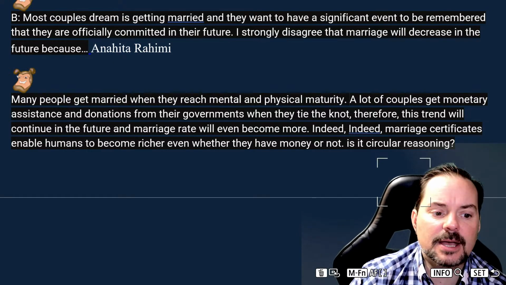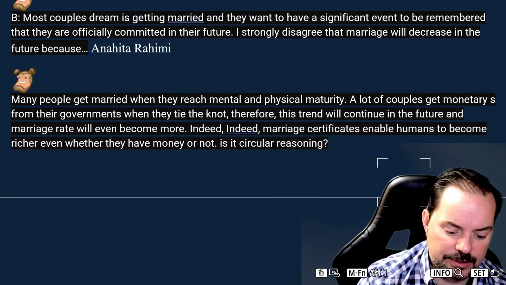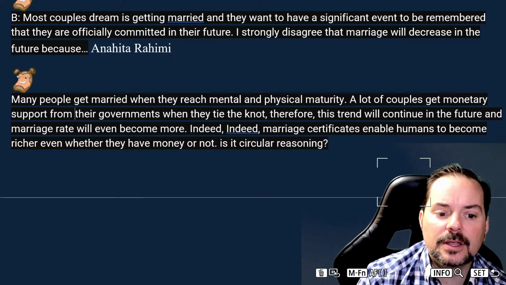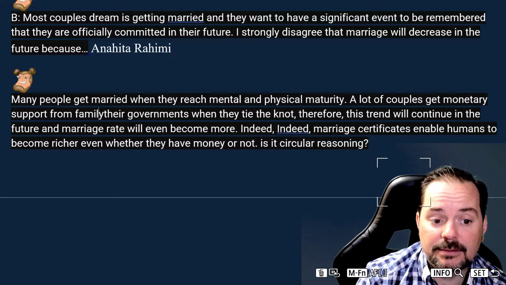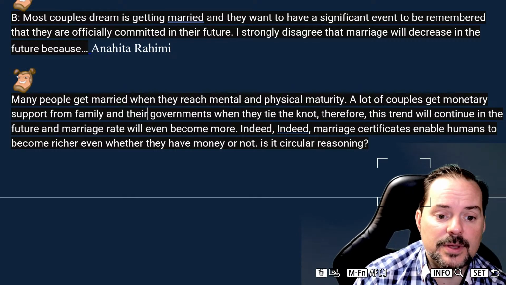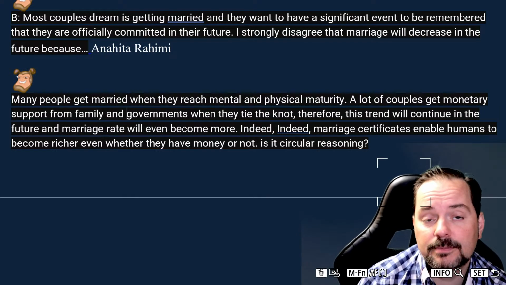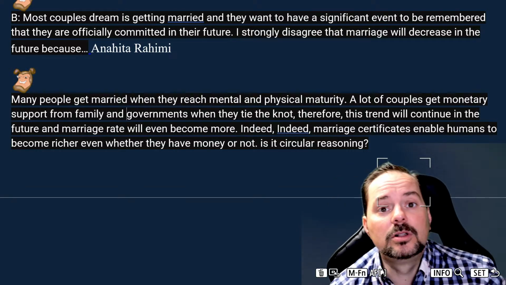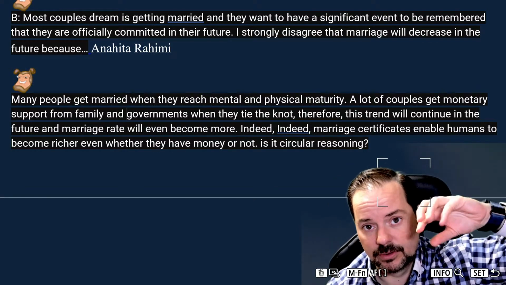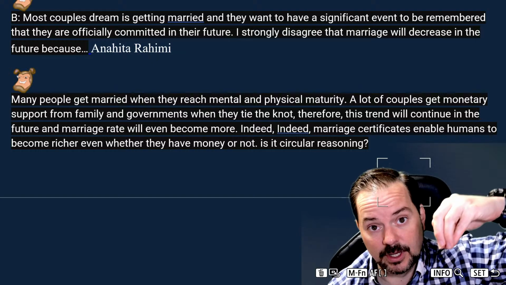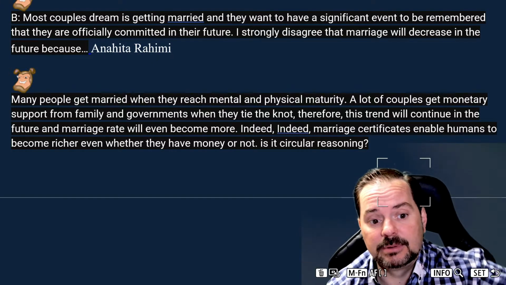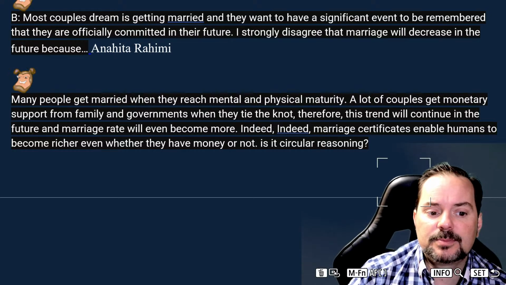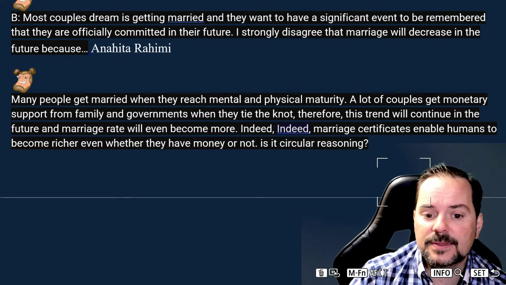So a lot of couples get monetary support from family and governments when they tie the knot, right? It's a good point there, Anahita, you're right. Parents, grandparents, uncles, nieces. The family tends to give more support when they go, oh, okay, they're together. They plan to stay together. So a lot of couples get monetary support from family and governments when they tie the knot.